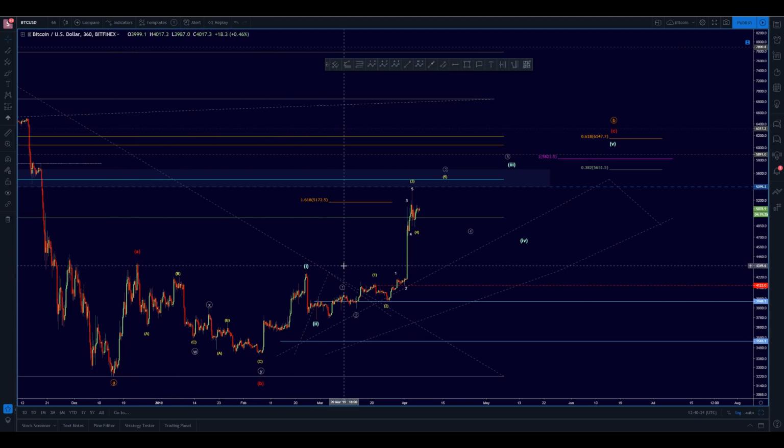It looked to me like a potentially truncated C wave. And I wasn't really sold on it at the time, because truncated C waves are extremely rare and you should really only consider them in retrospect. Well, I didn't do that. And then all of this in here looks corrective and still does.